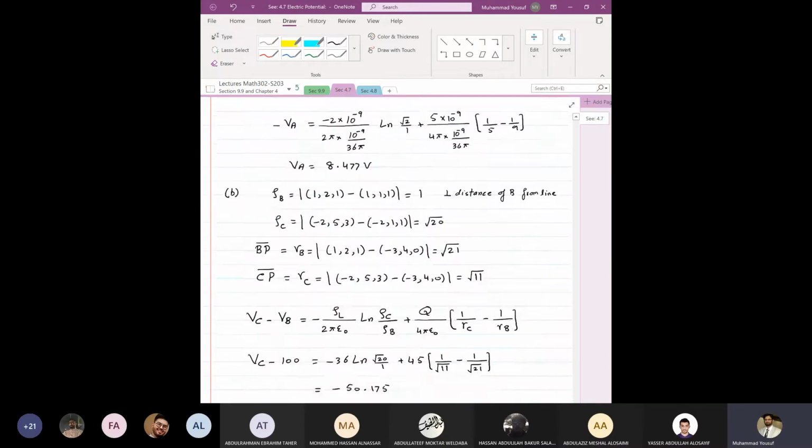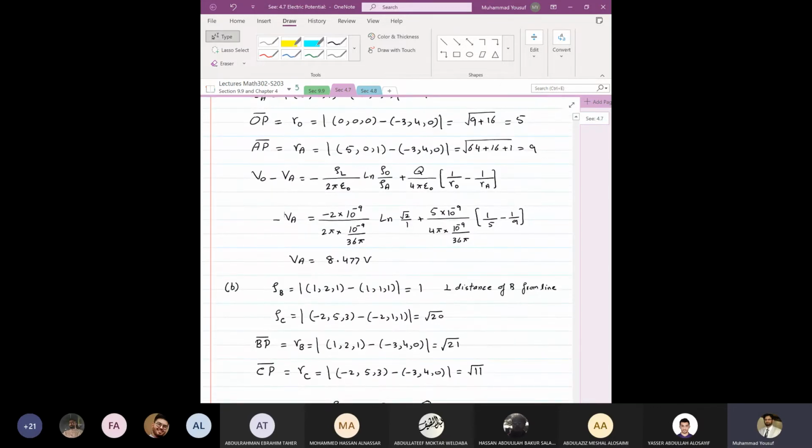So we have to find the perpendicular distance of point B from the line and of point C from the line, because a uniform charge of 2 nanocoulomb per meter is located on the line. We also need the distance of B and C from the point charge where the 5 nanocoulomb is located, at negative 3, 4, 0. When we find these distances, we get these numbers here.